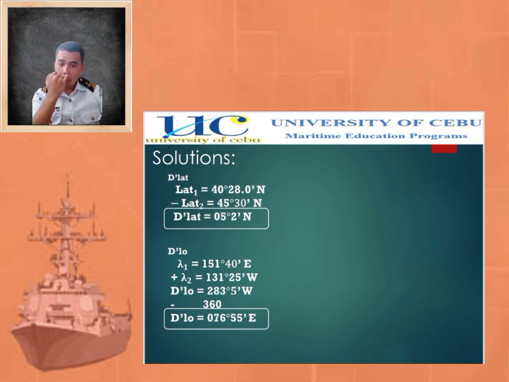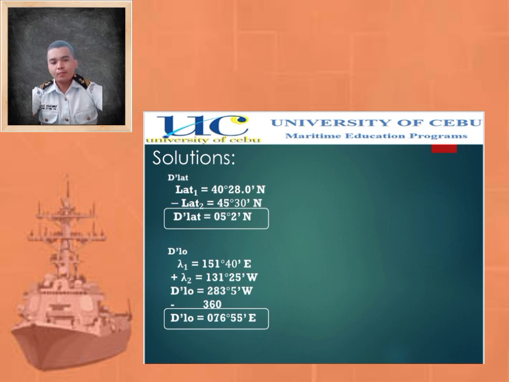In order to calculate D-long, since the directions are not the same, it is clear in the rules that we need to add. So get your calculator and put the given there. We will come up to the answer of 283 degrees 5 minutes west.